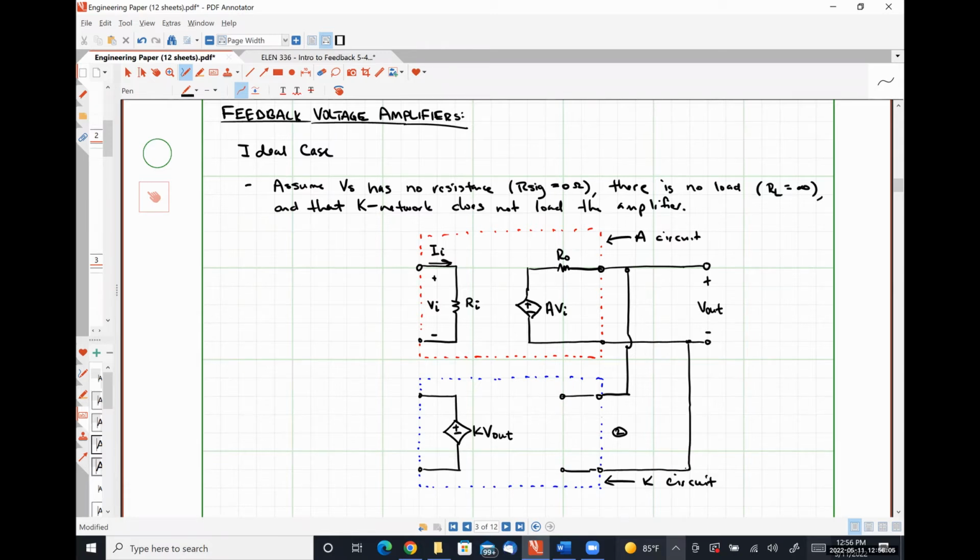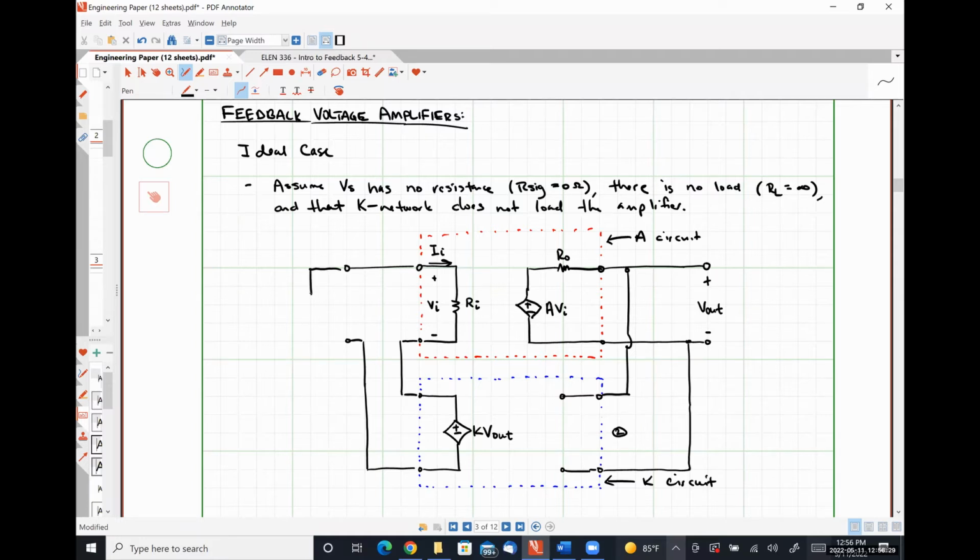And then on the input side, I need it to be connected in series, like this.